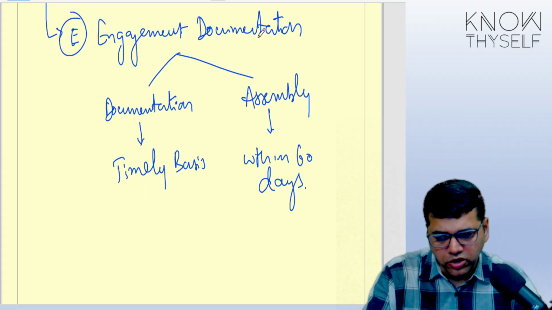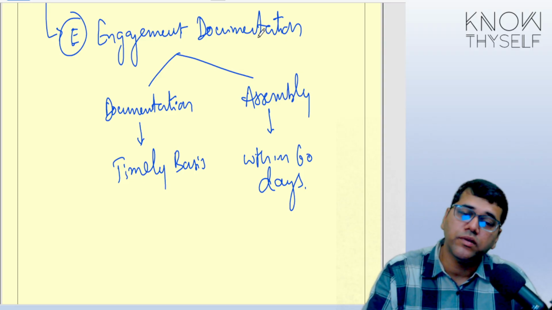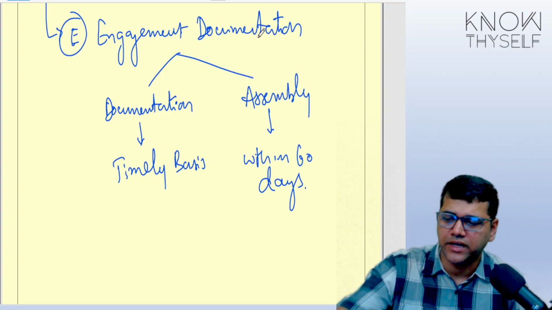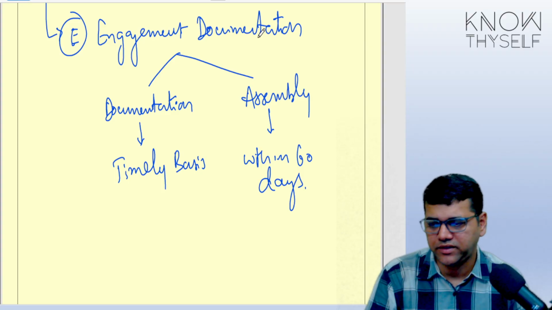Okay, EQCR documentation is there, that we will skip because we will write it in SA 220, because we have seen it is the same thing, everything is the same.